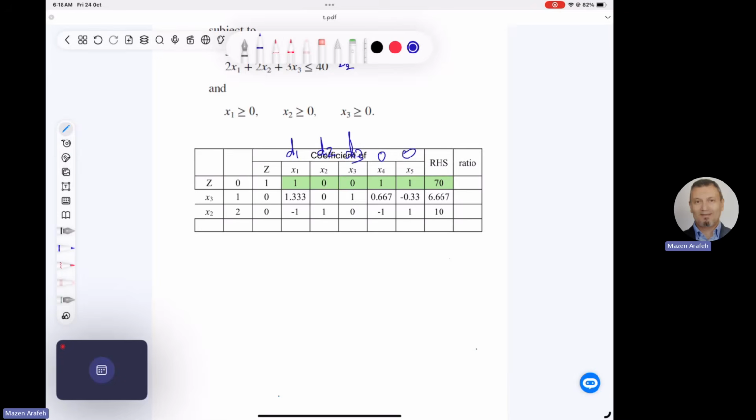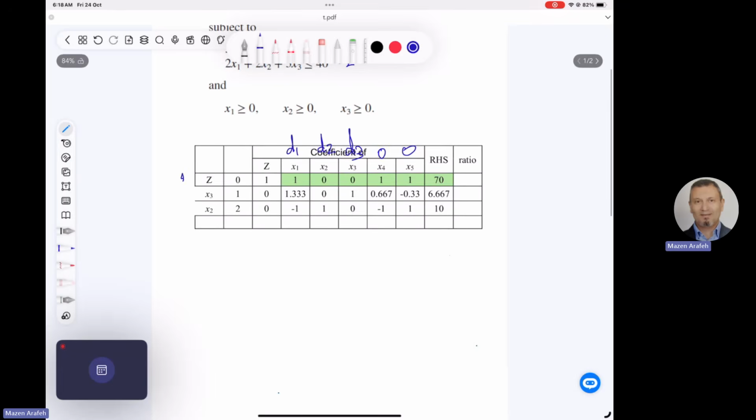So now let's start writing how to find the allowable increase and decrease for the coefficients of the objective function. As we said, next to the z we write a 1, next to x3 we write a d3, and for x2 we write d2. Okay, so now we can write three equations. We are going to be using the columns of the three non-basic variables.